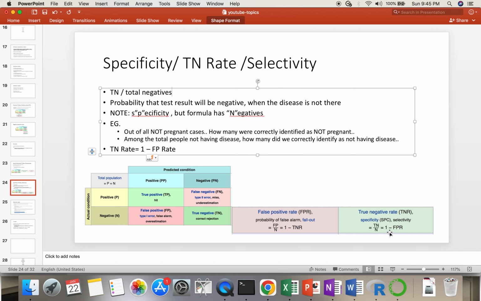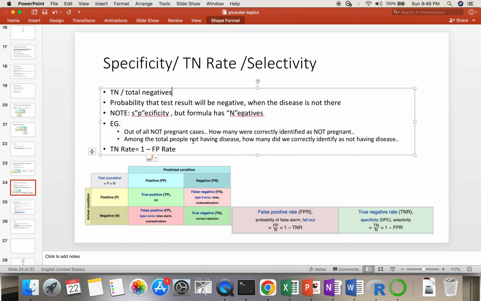And the counterpart of that is false positive rate, which is 1 minus true negative rate. So when you get true negative rate, which is specificity, the counterpart is false positive rate, which is nothing but 1 minus true negative rate. Out of all non-pregnant cases, that is, out of all the negatives, how many were correctly identified as not pregnant? That tells the specificity.